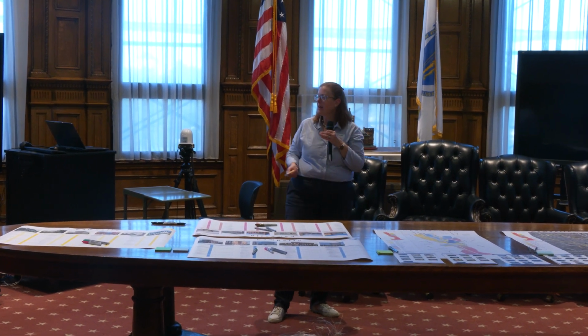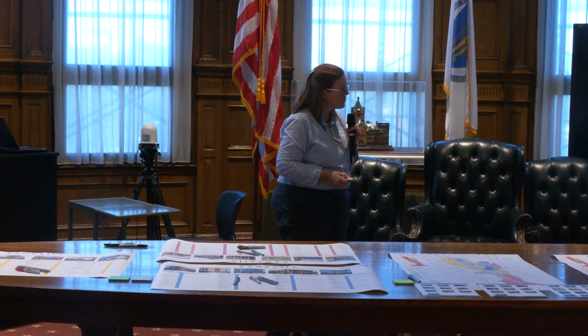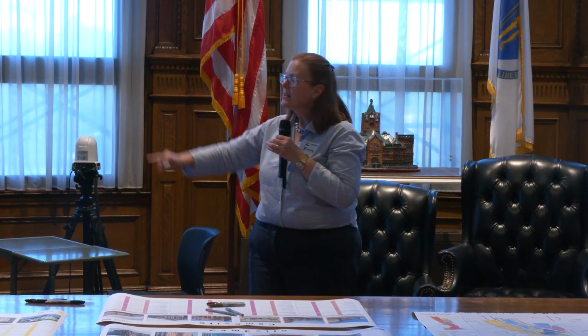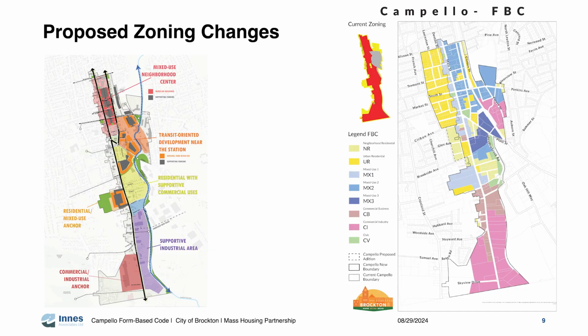So you see the 4 areas that we're working with now. The Campello outline should be mostly familiar to you. We did expand it a little bit, and I'll show where. And this on the left-hand side, your left-hand side, my right-hand side, is the map that came out of the planning process last year. So with this map, we talked about the idea of a mixed-use village center or neighborhood center where the historic village exists.